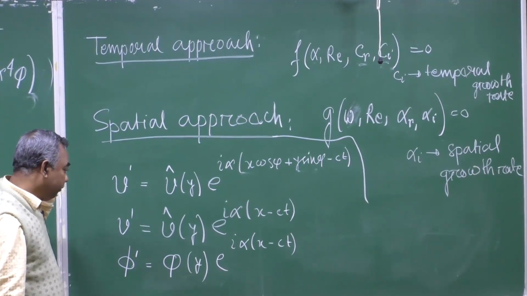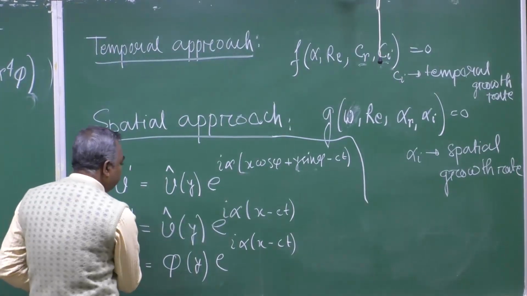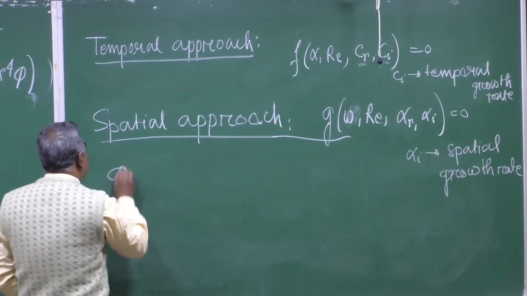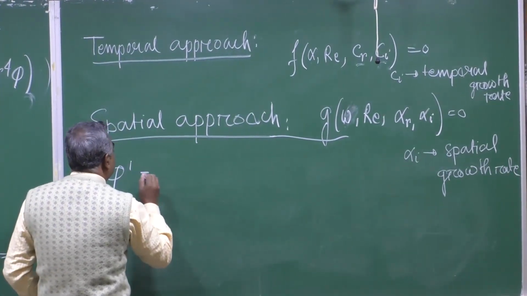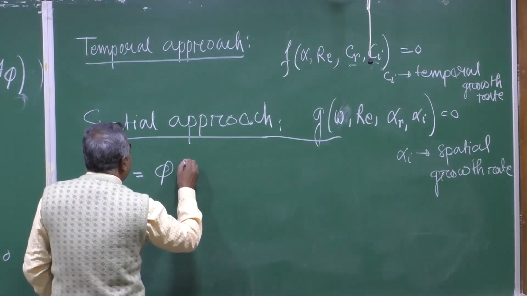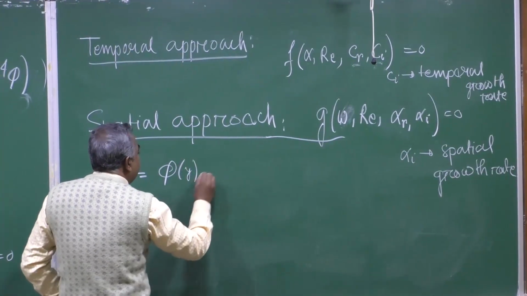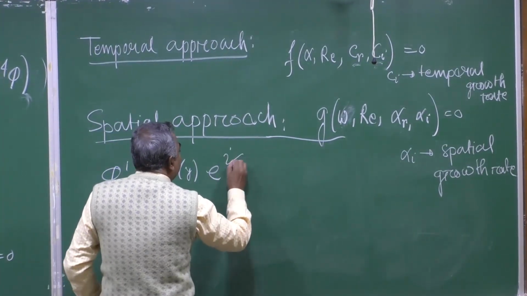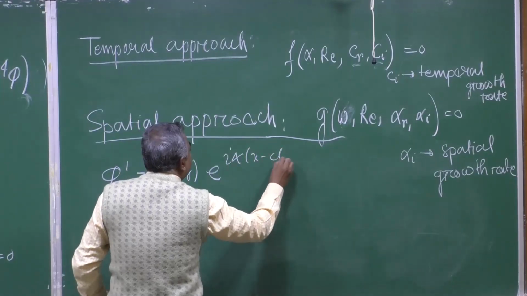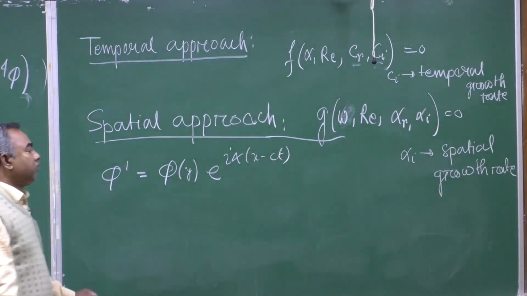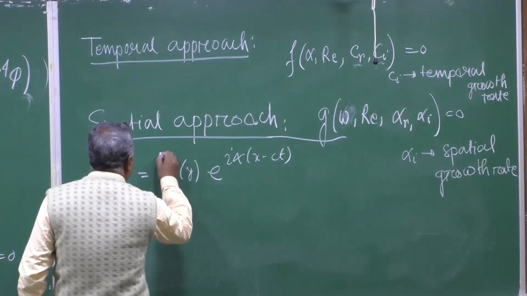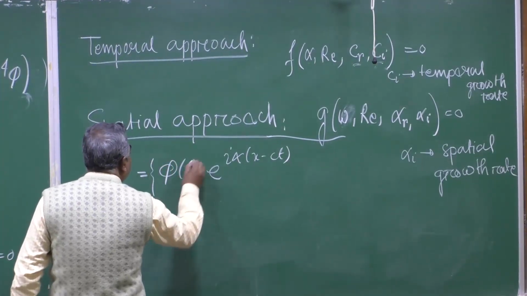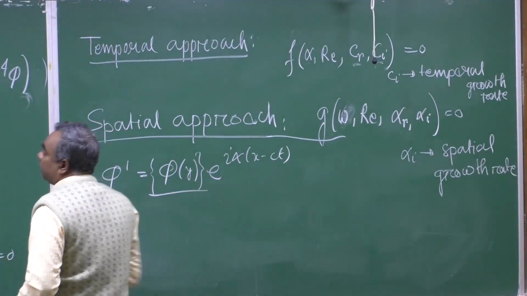So, that means you see, this means that phi, which is a function of y, exponential i alpha (x minus c t). So, this phi here, please do understand, this particular phi is this phi.